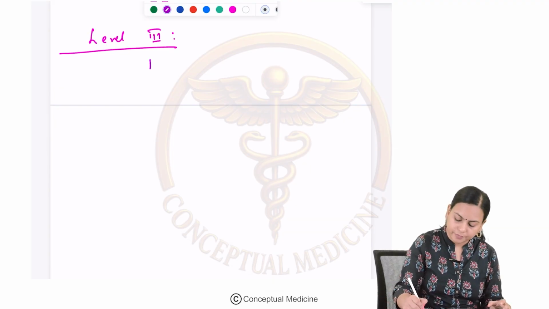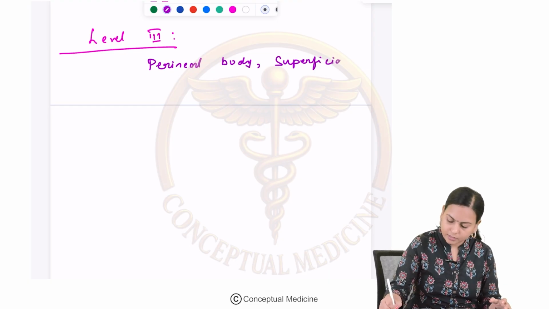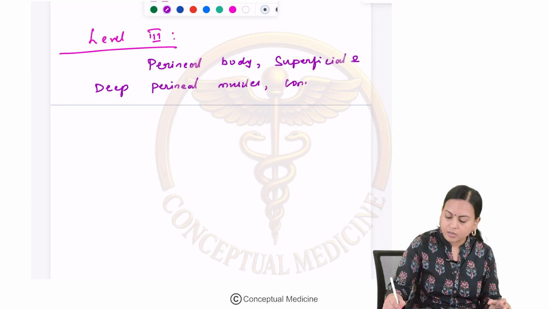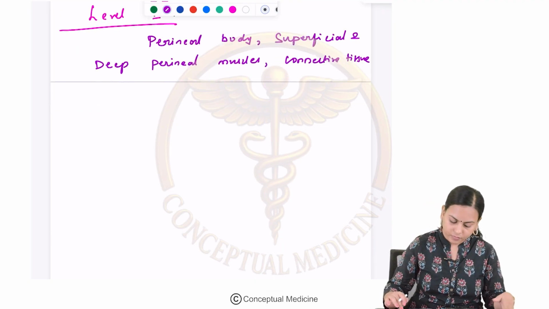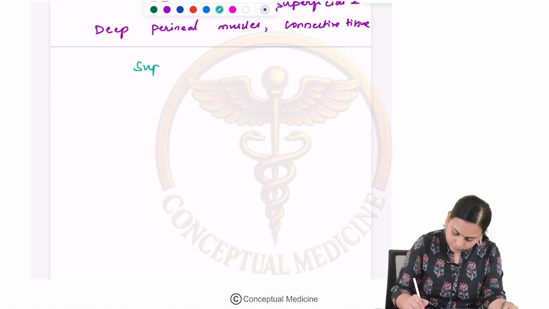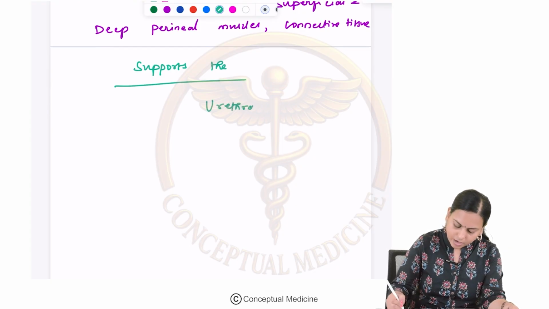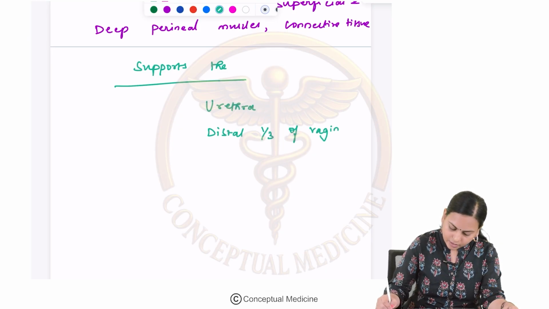Now, let's discuss level 3 support of DeLancey. This will include your perineal body, superficial and deep perineal muscles and connective tissue around the distal vagina and the perineum. So this will be supporting the urethra and the distal one-third of the vagina and also the introitus.